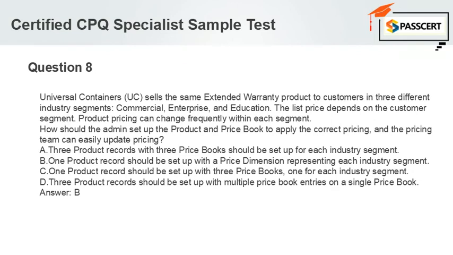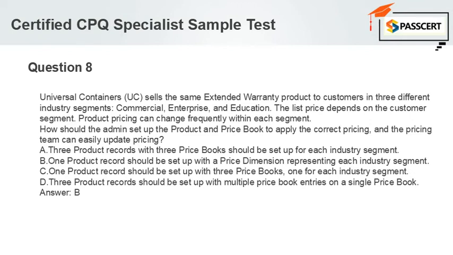Question 8. Universal Containers, UC, sells the same extended warranty product to customers in 3 different industry segments: commercial, enterprise, and education. The list price depends on the customer segment. Product pricing can change frequently within each segment. How should the admin set up the product and price book to apply the correct pricing, and the pricing team can easily update pricing?